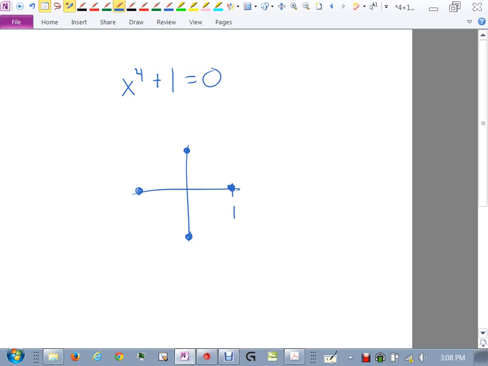I should get 4 here. X to the 4th equals negative 1, right? Negative 1 works. Well, let me get back to this. What works for that? Negative 1? No. i. We're going to have to go here, here, here, and here.